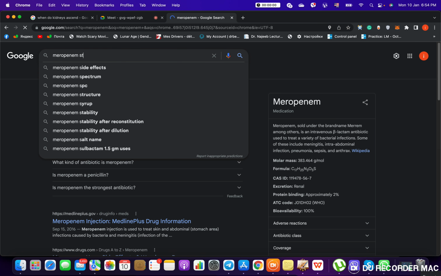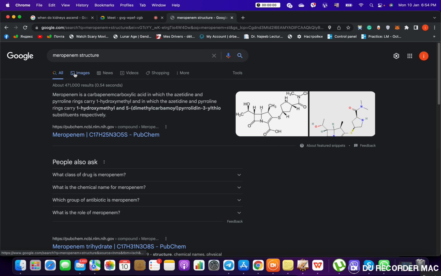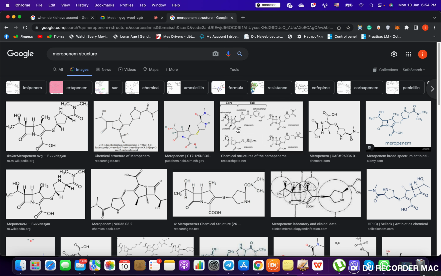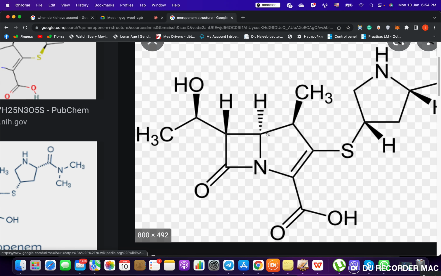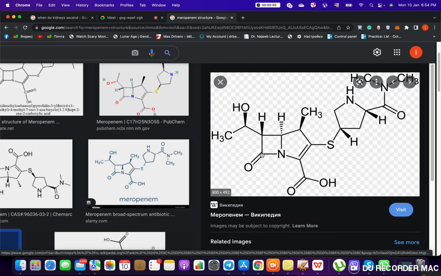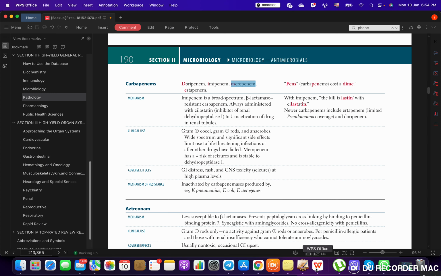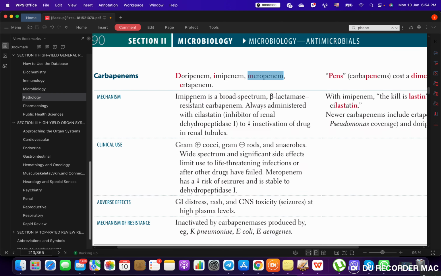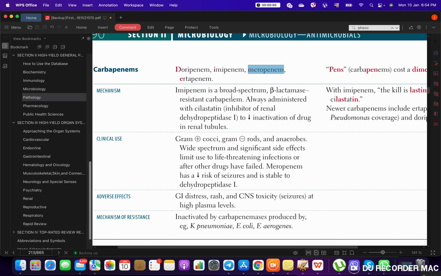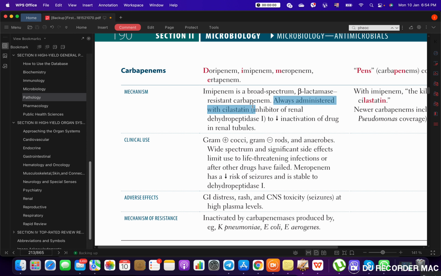So if you look at the structure of it, the beta-lactam ring is a little bit altered from the normal one, and it's well hidden, so it cannot be attacked easily. And if we come back here, it just has a different structure, but we need to administer it with something called cilastatin.